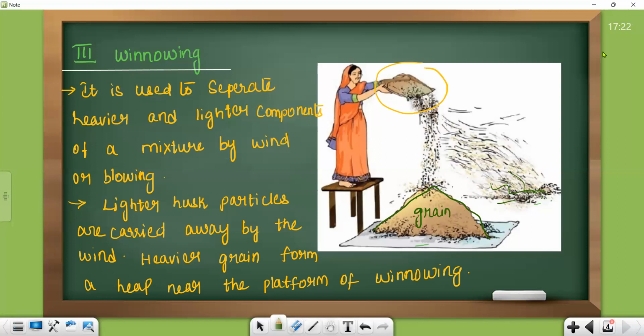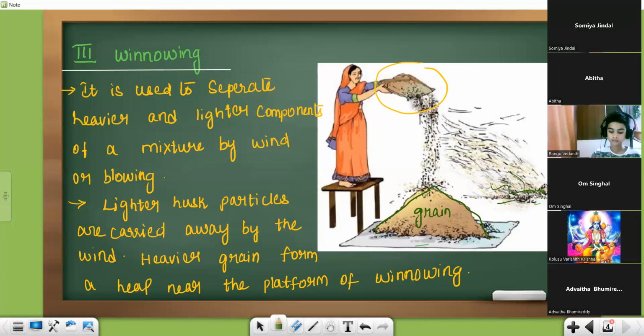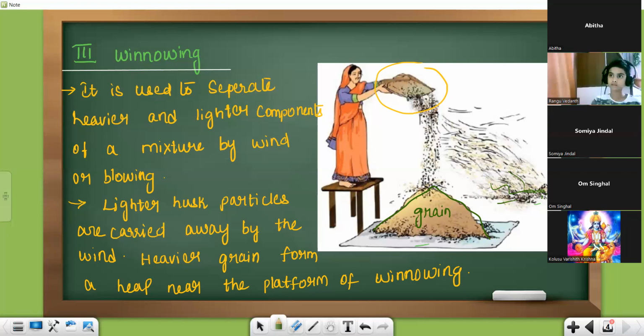Ma'am, we separate substances for useful components, and sometimes we take out the harmful components from that. Actually, we will separate out. Whether for usefulness, to use it, or as impurity, we will separate it out.